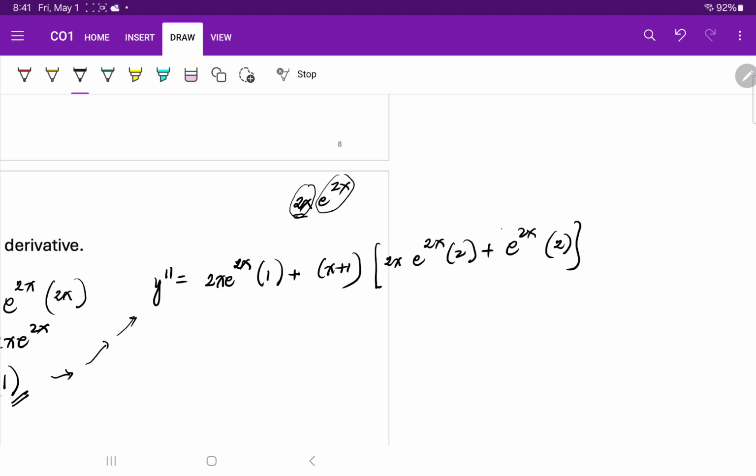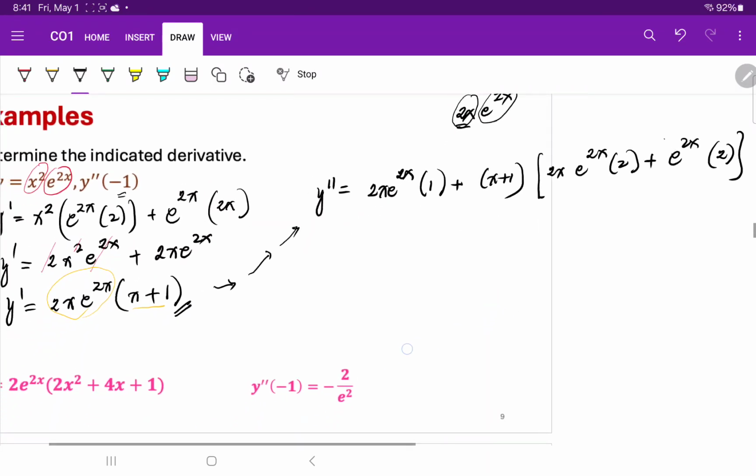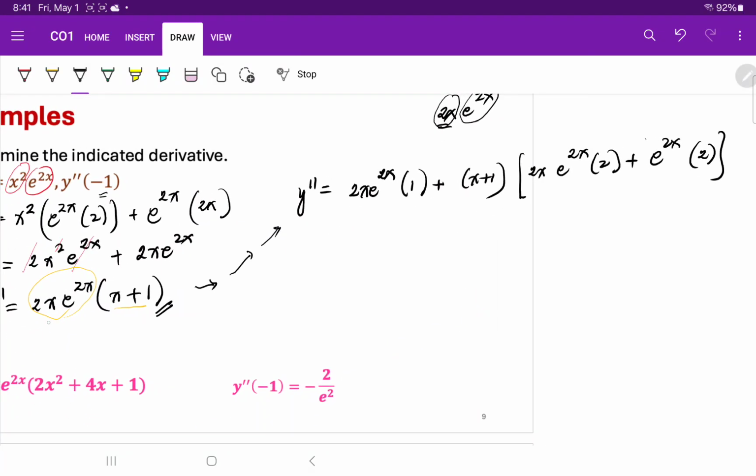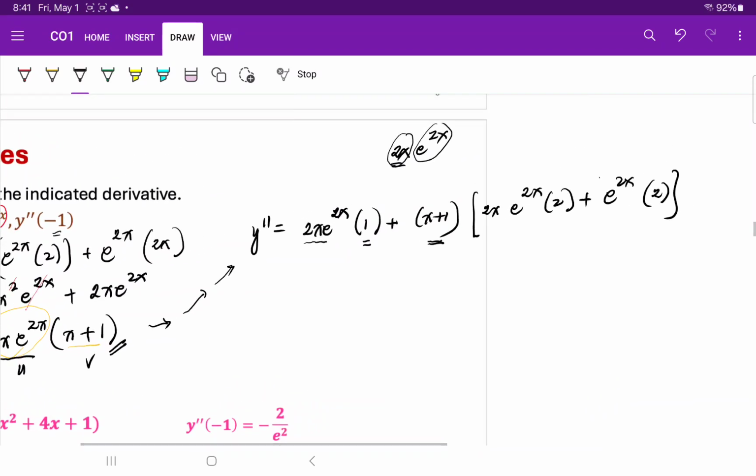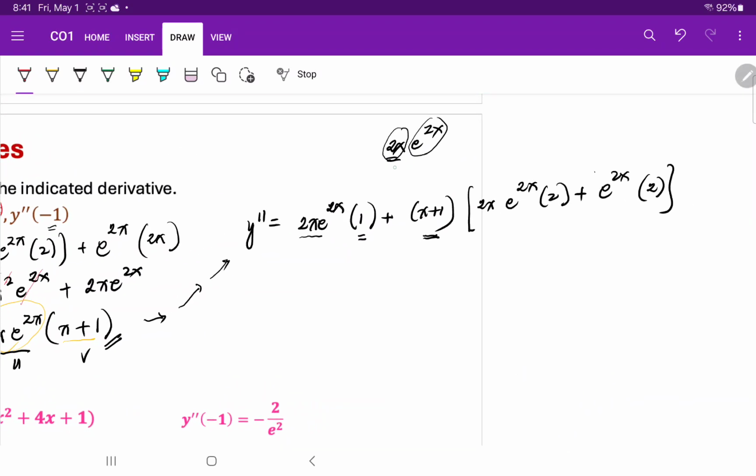So, again, what did we do? We use here the derivative of a product. This is your u and this is v. So we copy u, then the derivative of x plus 1. Then we copy the second term, x plus 1, and multiply that by the derivative of the first, which is 2x times e to the 2x. But in solving for the derivative of this one, we consider this as u and this as v. So we copy u, the derivative of v is e to the 2x times 2, plus copy v times the derivative of 2x, which is 2.